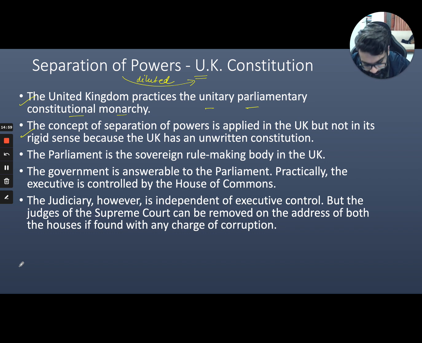Which means the next best entity, if you don't have a single constitution, would then become the parliament as the sovereign rule-making body in the UK, and the parliament has the powers to make or break any law, no matter what it is, in the UK. So there is no such thing as a constitutional amendment under Article 368 kind of an equivalent in the UK.